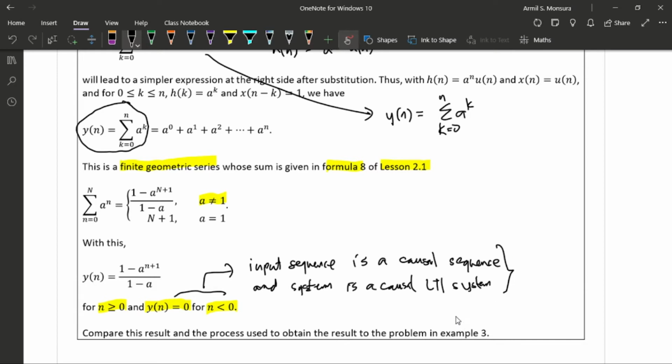So in this case, pagka ganyan yung situation natin, the tendency is that your output sequence also becomes a causal sequence itself. Pati yung output sequence natin nagiging causal.